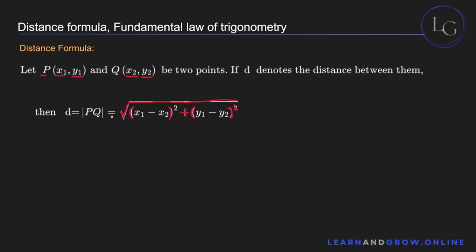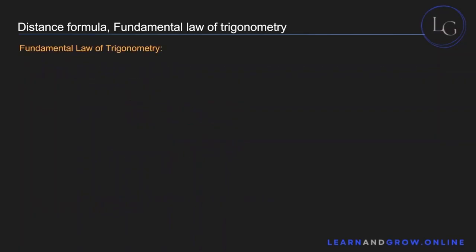And that's very basic geometry. And you can also obviously invert the x2 and x1 and y2 and y1, because in the end it does not matter. Since both of these terms will be squared, they'll give you the same answer, basically a positive one. So let's see the fundamental law of trigonometry.